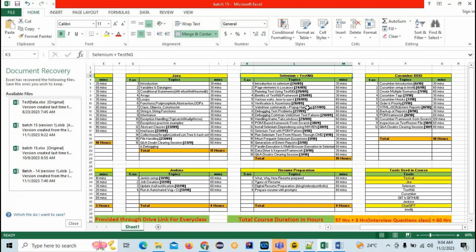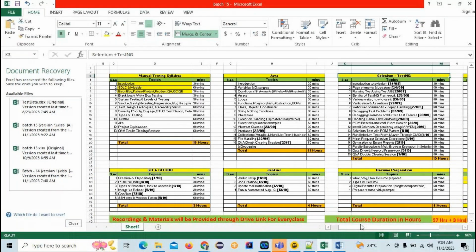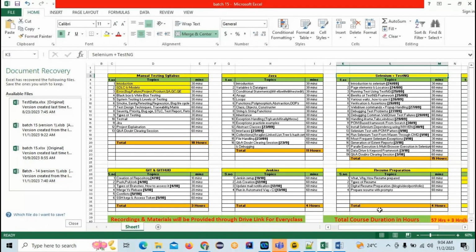So I make it clear for you. I made all these topics, and Git, GitHub, Jenkins, resume preparation. Once manual testing is done, we'll start resume preparation, because while you listen to the automation classes, you can work on your manual resume. Then you can upgrade your manual resume to automation once the automation classes are done.